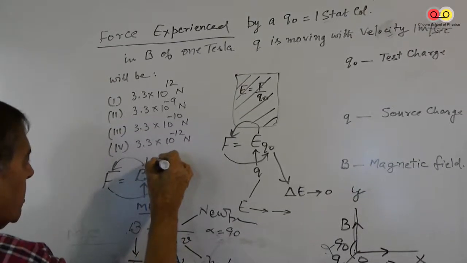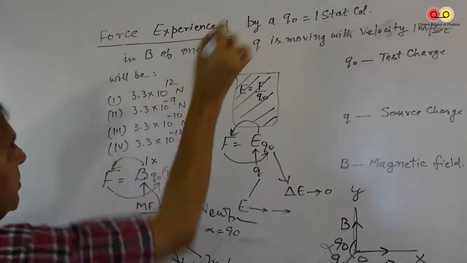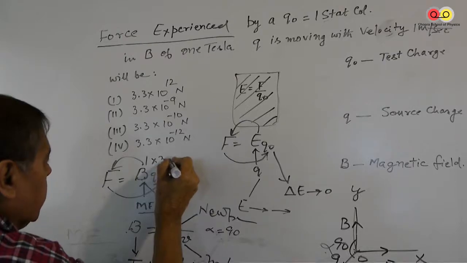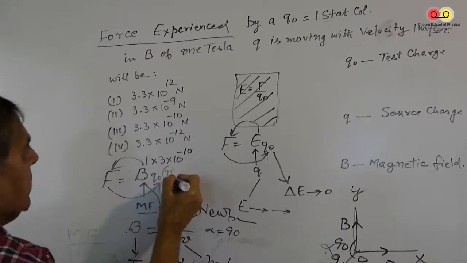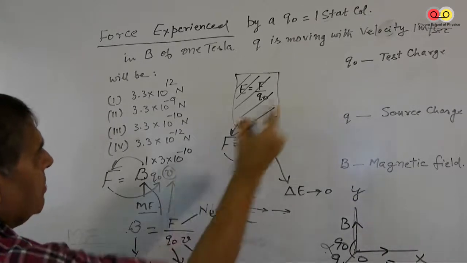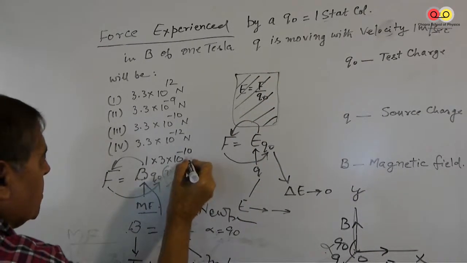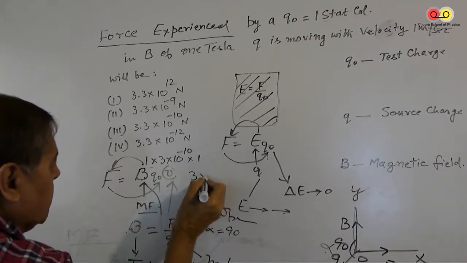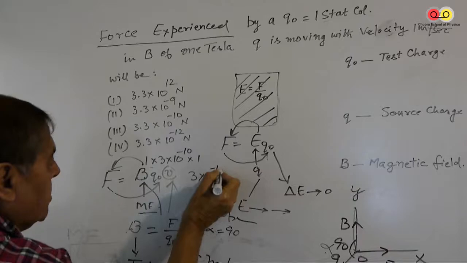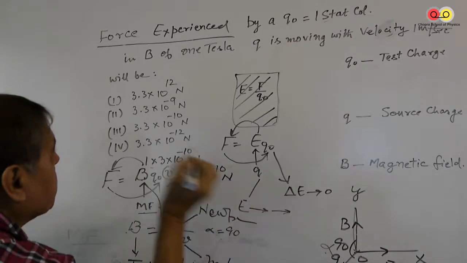Test charge, we will put 3 into 10 to the power minus 10. For V, velocity, we will put 1 meter per second. So multiply all the numbers: 3 into 10 to the power minus 10 newtons.